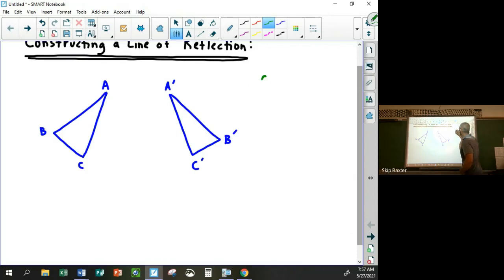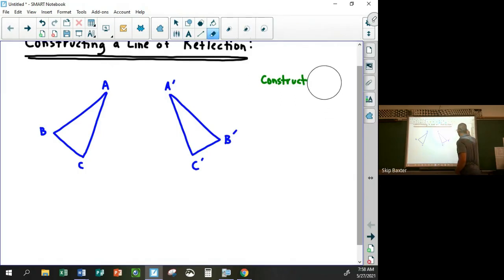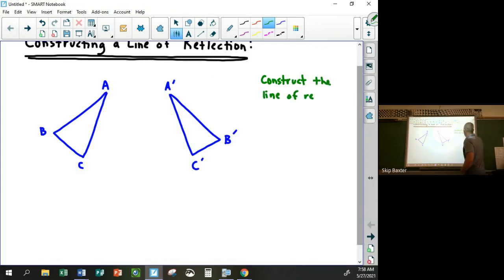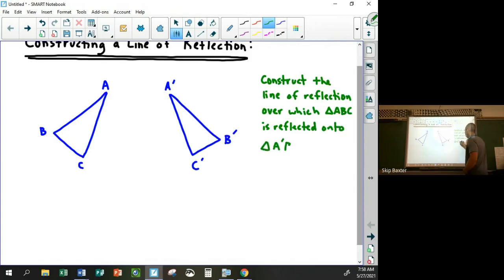Okay? So it'll say construct the line of reflection over which triangle ABC is reflected onto triangle A prime, B prime, C prime.